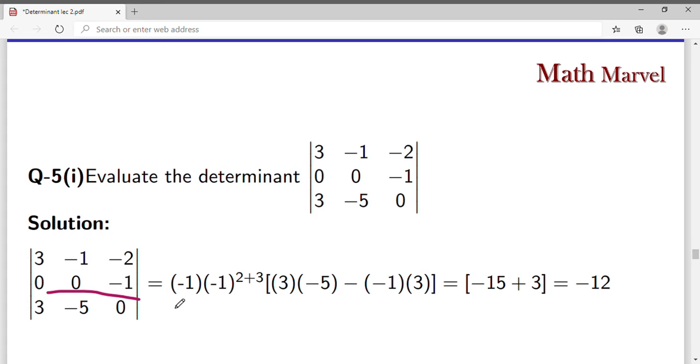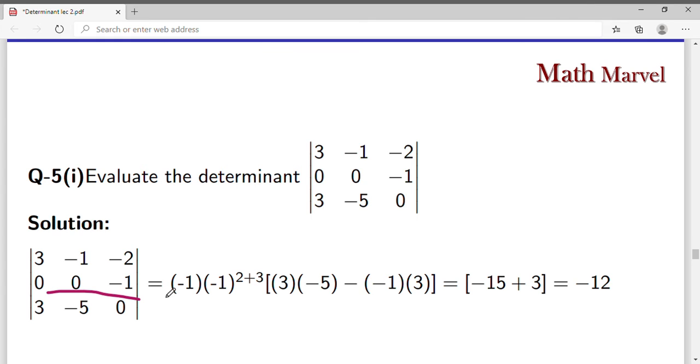This one is from the second row, third column, so we have to write minus 1 raised to 2 plus 3. Or you can use the table: here we have a plus sign, so here we have a minus sign. If you don't want to write minus 1 raised to 2 plus 3, you can just write minus. You observe that 2 plus 3 gives a negative sign, so either way you can directly write the negative sign.